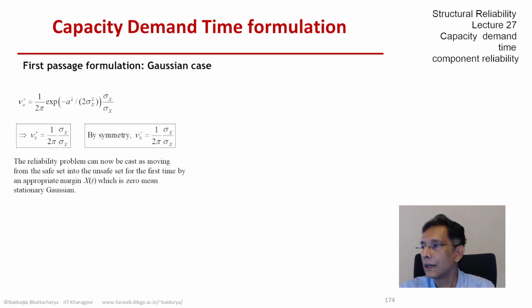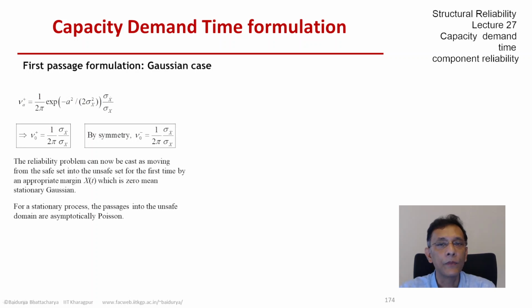So then we are able to express the reliability problem now in terms of an appropriately defined safety margin, for which we have used the generic term x. So if we have a safety margin process which is zero mean and stationary Gaussian, then we already know what this would look like.